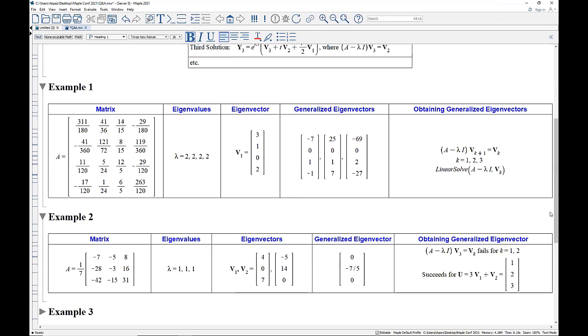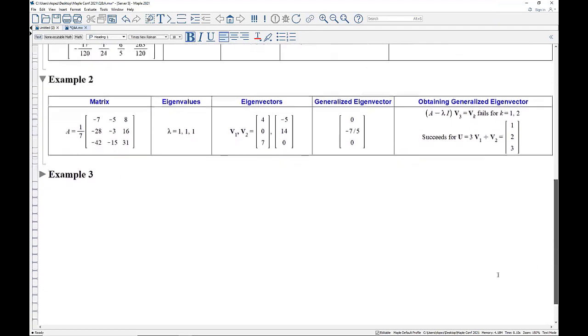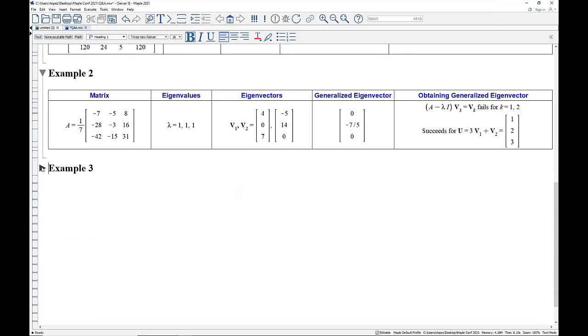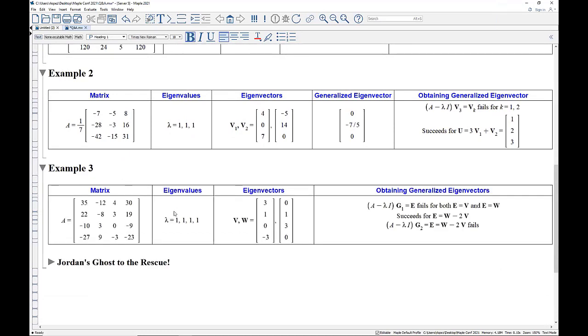So you begin to see that the naive approach may have some difficulties. Here's an example, 4 by 4. You have, again, 2 eigenvectors. You try the up-the-chain trick. Going up the chain from either V or W, it fails.